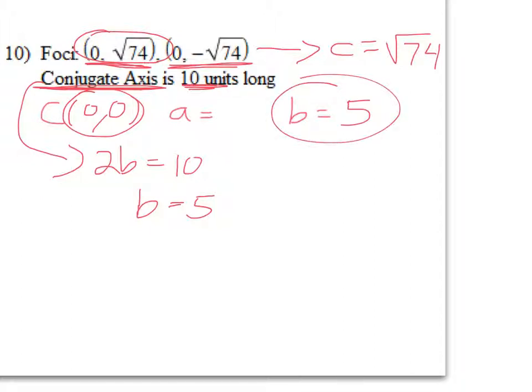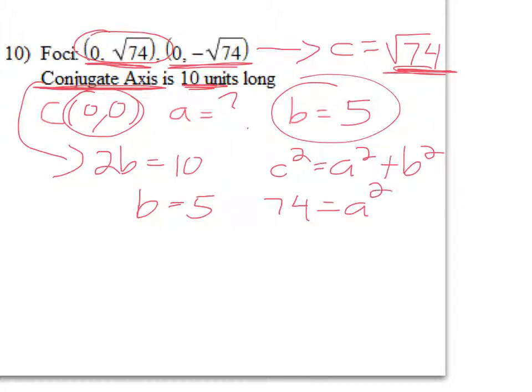Let's circle that. So I just have to figure out what this A value is, and by doing that, I use Pythagorean's formula. So I'm going to use C squared equals A squared plus B squared. So when I square this, square root of 74 becomes 74. I don't know what A is, so it's A squared.